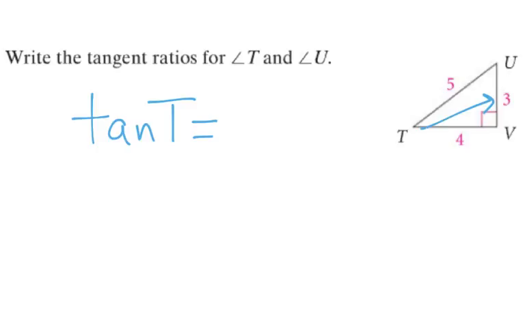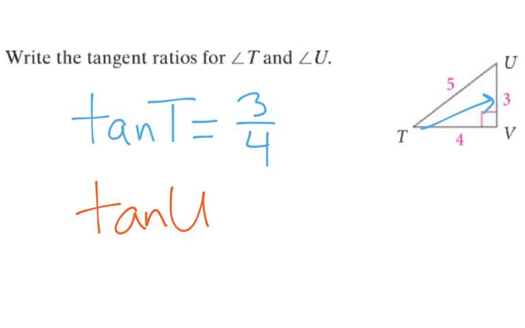From T, opposite is 3, over the adjacent, which is going to be 4. Tangent U, so tan, capital U, again, angles are capital, is equal to opposite from U, which is 4, over the adjacent. From U, the adjacent is going to be 3.